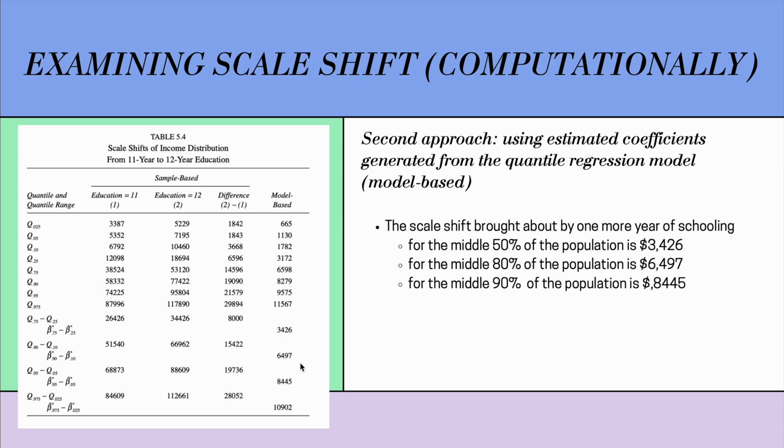Next, we have for the middle 80% of the population, the scale shift brought about by one more year of schooling is 6,497. And for the middle 90% of the population, it is $8,445. This is the scale shift brought about by one more year of schooling.